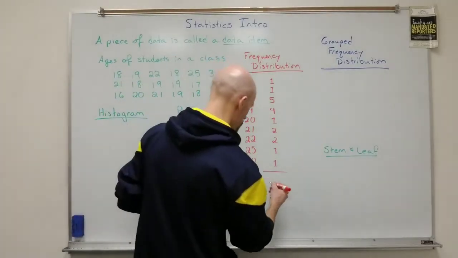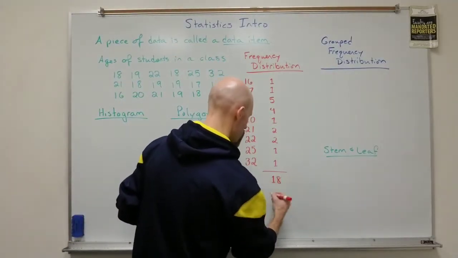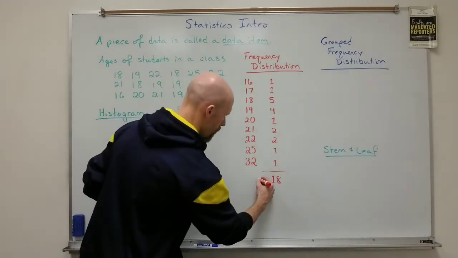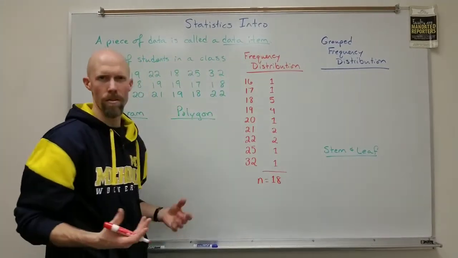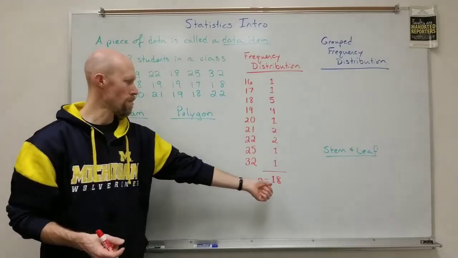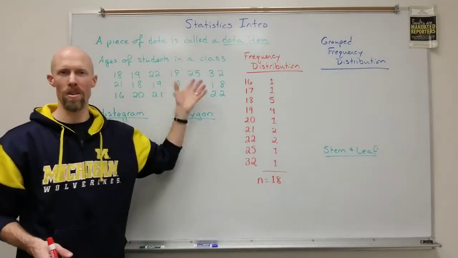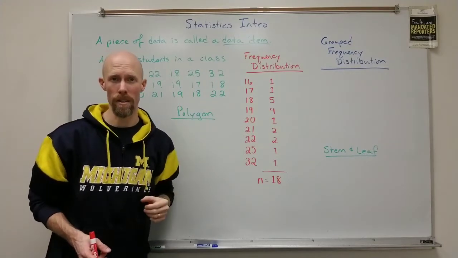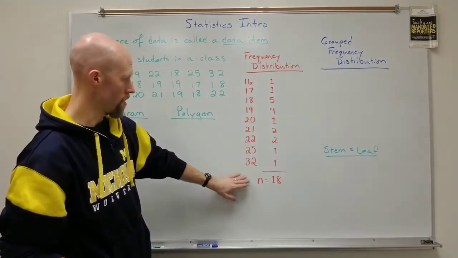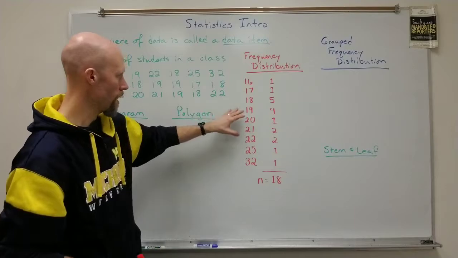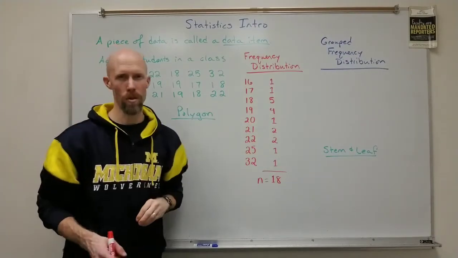So you get 18 total, and that is what we call the n value, the number of data items that are collected, okay? So the n value is 18, and that adds up from the frequency.